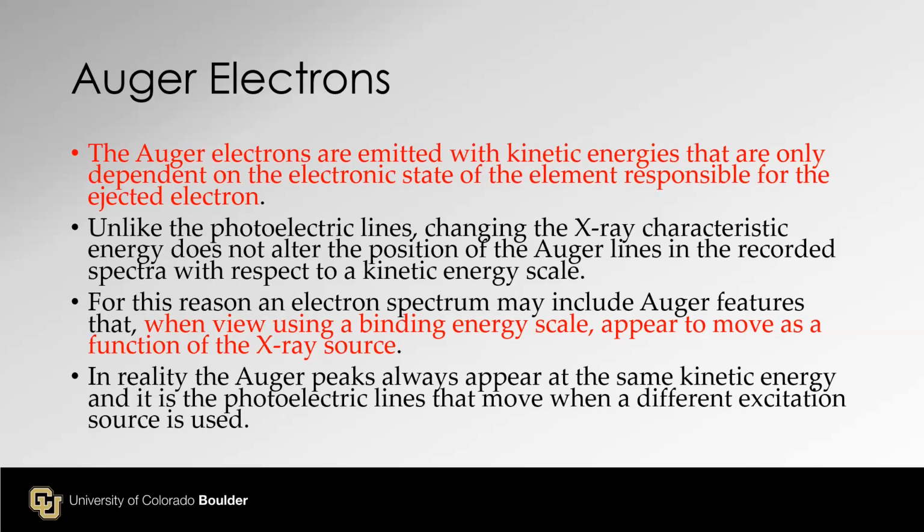Okay. The difference between Auger electrons and photoelectrons. Auger electrons are emitted with kinetic energies that are only dependent on the electronic state of the element responsible for that ejected electron. So that means, kinetic energy-wise, it's independent of the incident X-ray energy.